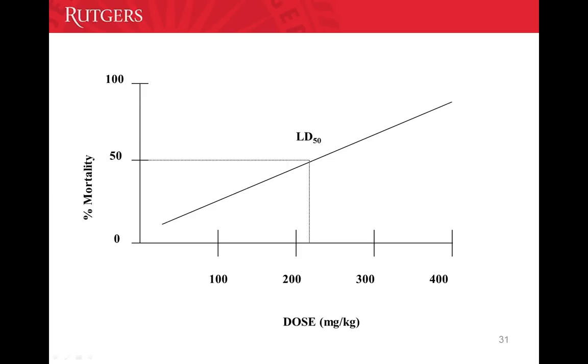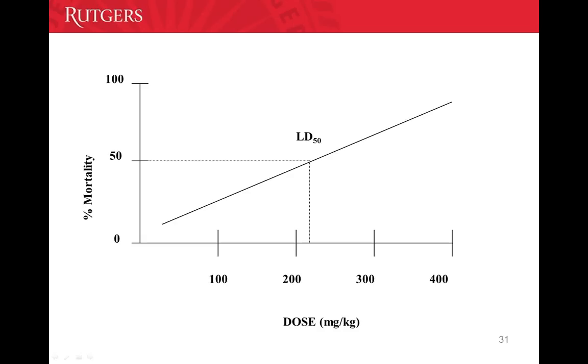So let's do one of my favorite little exercises now. Let's look at some dose response. On the x-axis, we have the dose, typically given in milligrams per kilogram for this exercise. On the y-axis, we have the response, and the response in this particular case is mortality, because this is an LD50 line.